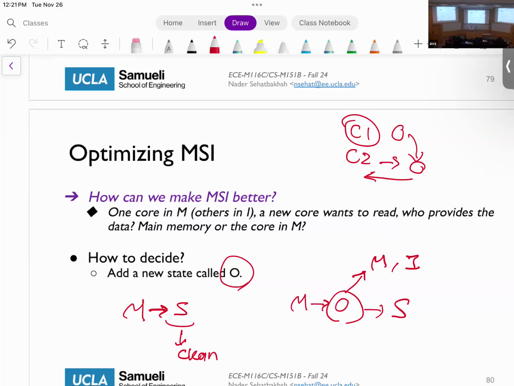So you have to transition from O to I, but you also have to write back at this moment because you have the dirty data. And then the other core will transition from either S to M or I to M, whichever they are. And then as this process continues, that core goes from M to O, and then O to I, and O to M, and so on and so forth. Okay?